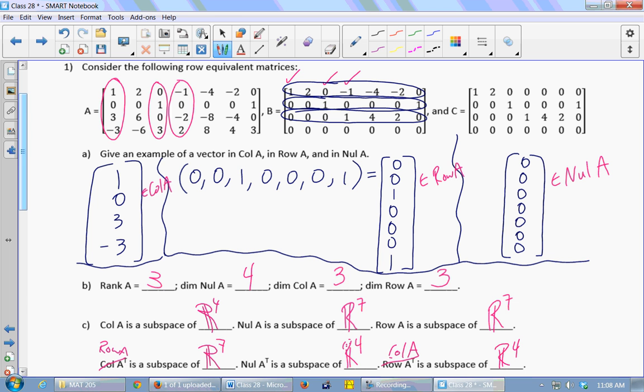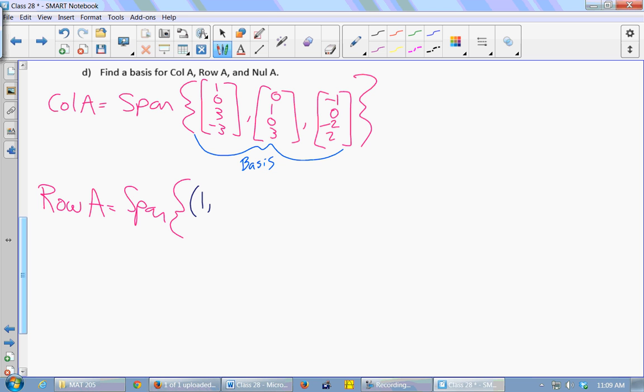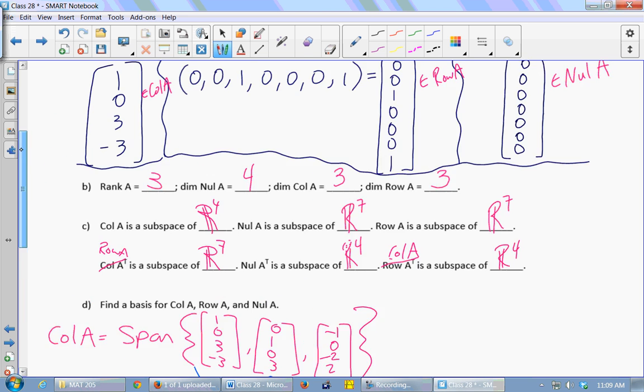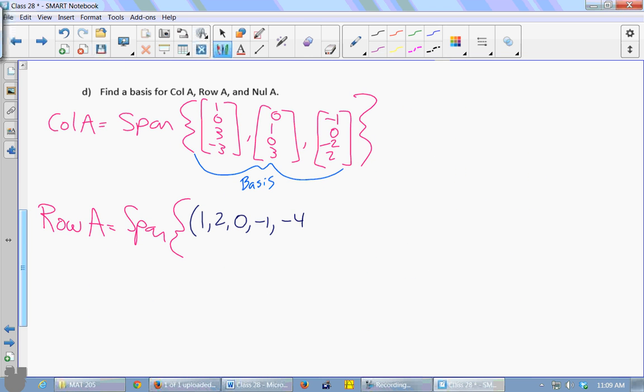1, 2, 0. Those are too long to remember. 1, 2, 0, -1. Then -4, -2, 0.